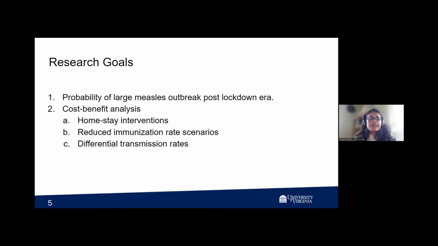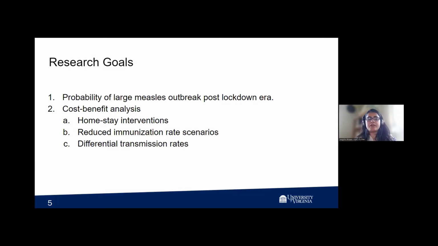Jumping right in, two things that we have really tried to quantify and analyze. One is the probability of a large measles outbreak post-lockdown. Vaccination rate has gone down, and that's the basic assumption.